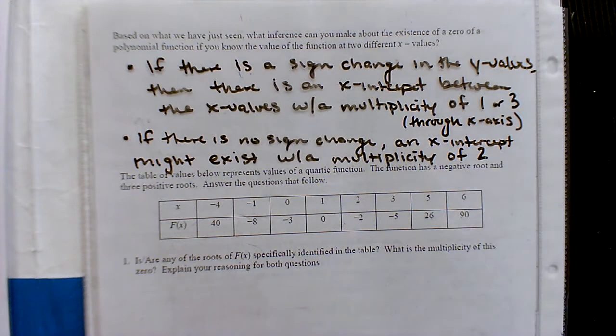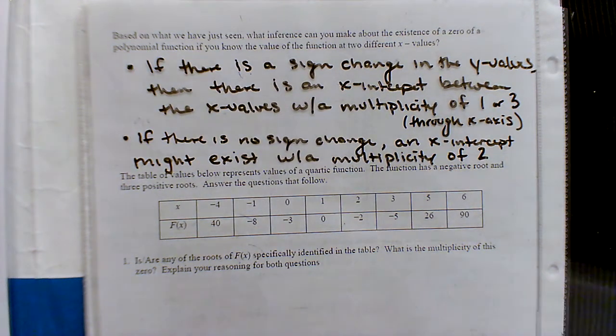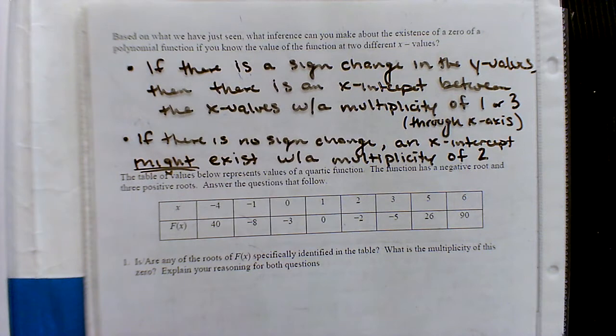Yep. 2 is the bouncing one. So you're not going through the x-axis, which means you don't have that sign change. Okay, and then there's that phrasing again, might exist. We don't know. But if it does exist, we know it has a multiplicity of 2.